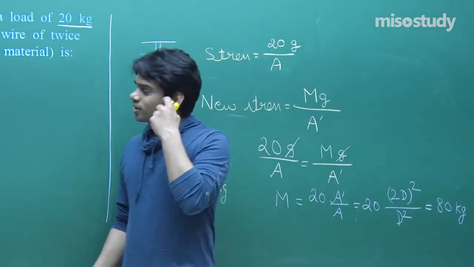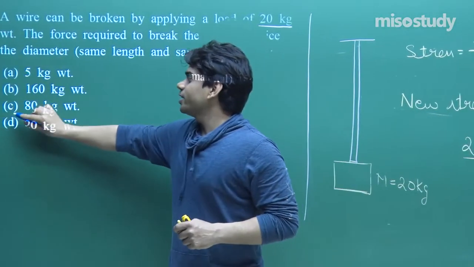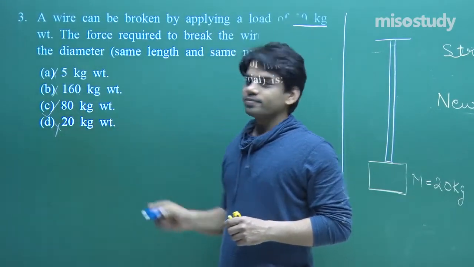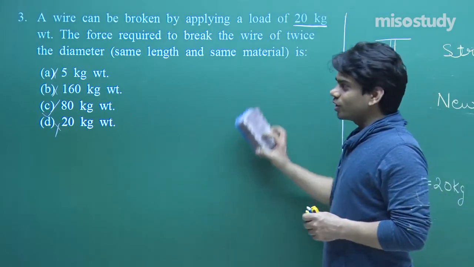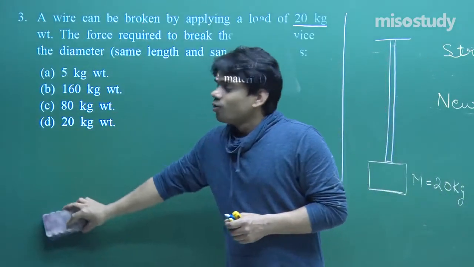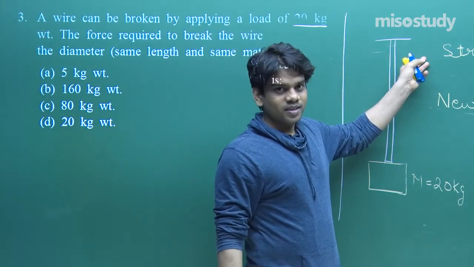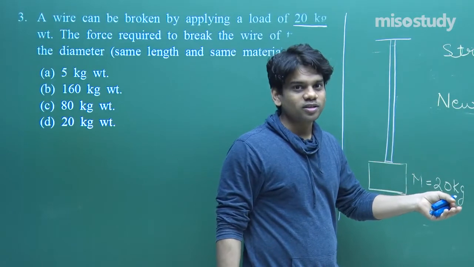Hence let's check the options. 5 kg weight is incorrect, 160 kg weight is incorrect, 80 kg weight, that's the correct answer. Rest all are incorrect. I hope that you have got to know how to solve such kind of question. Once again, first of all, you should know the breaking stress and equate the breaking stress to the new stress. That is what is required.